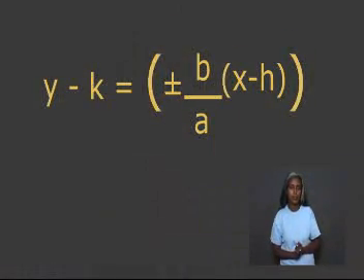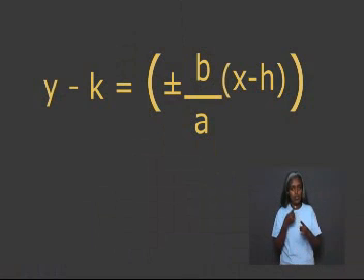The equation for an asymptote to a hyperbola whose transverse axis is horizontal and center is (h, k) is as follows: y minus k equals plus or minus b over a times x minus h.